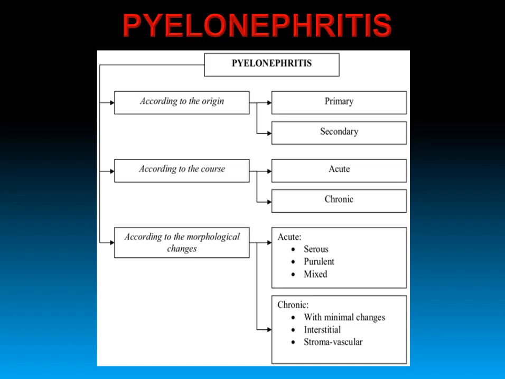There are a few routes of infection. First of all, the hematogenous or lymphogenous route, which is descending. It means some infection foci are present in the body, and through the bloodstream or lymphatic circulation, bacteria can reach the kidney. Another route of infection is the urinogenic, ascending route.